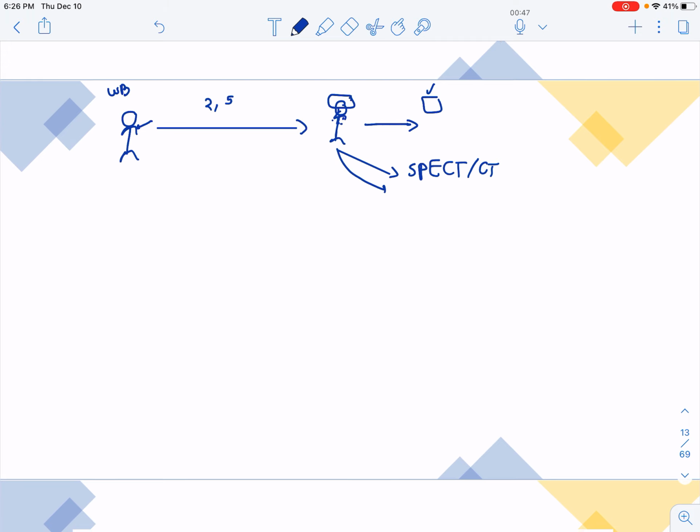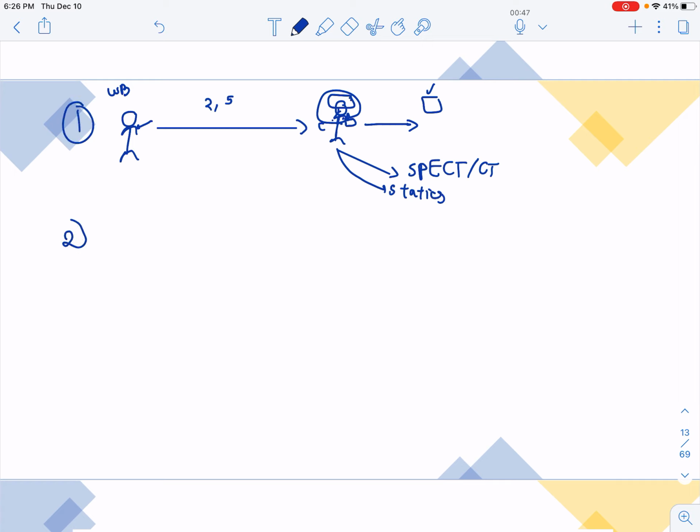Maybe we don't actually need to take a picture from all the angles. We just need to rotate the camera a little bit here or here and take a picture. So this is called statics. This is the first scenario.